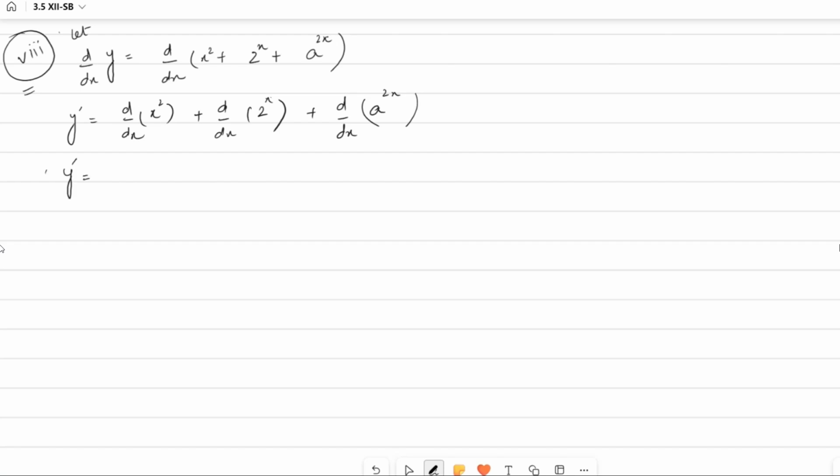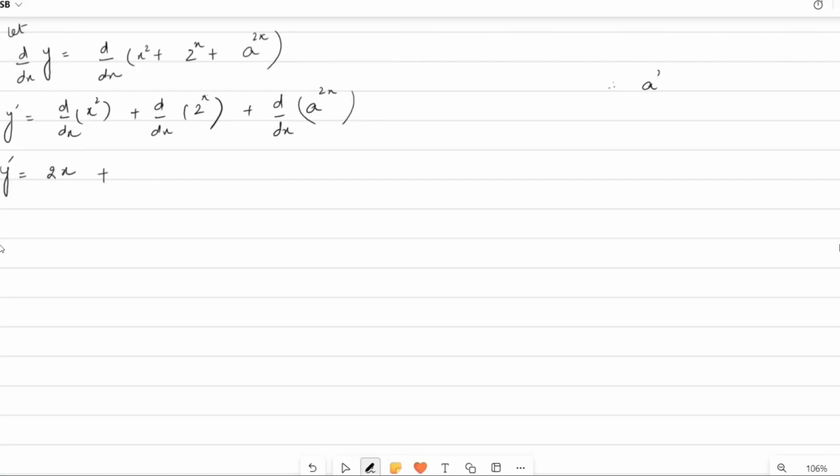So y dash is equal to the derivative of x square, the power comes out and x raised to the power 2 minus 1, so 2x, plus the derivative of 2 raised to the power x. We know that the derivative of a raised to the power x is a raised to the power x ln a.